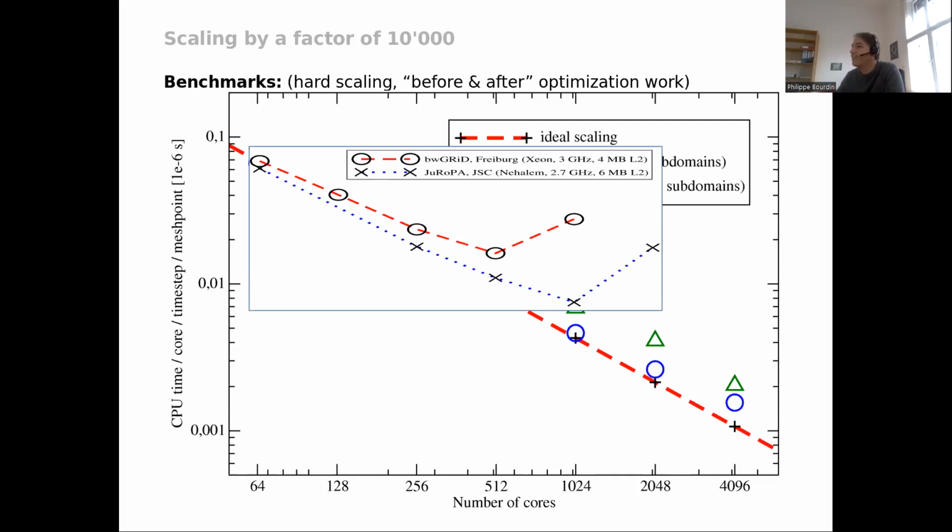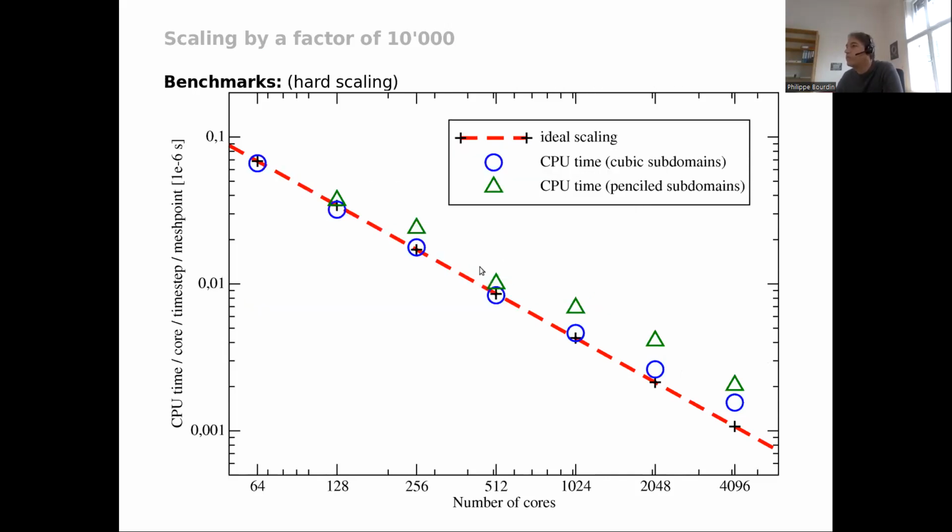Up to here, we are almost identical, but then after the optimizations on the same machine, we had better scaling, so we could use even 2,000 or 4,000 processors efficiently on a 1,024 cubed model. By the way, the symbols are cubic subdomains and pencil-shaped subdomains. So you see cubic is a bit behind, of course, but not so much, so it's still usable.